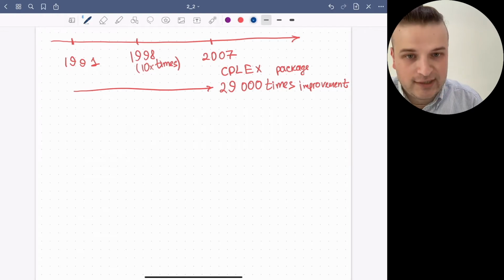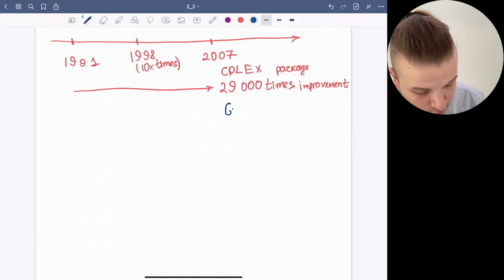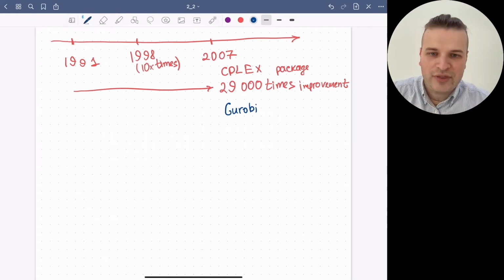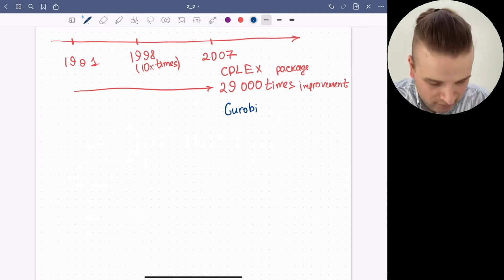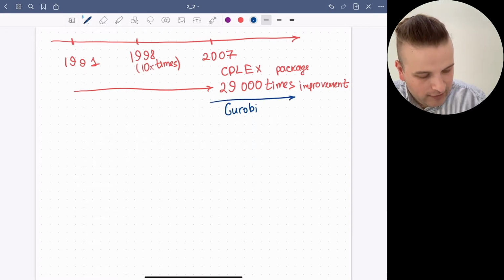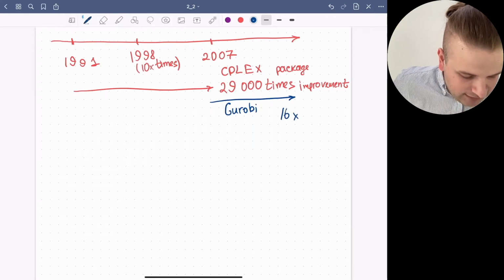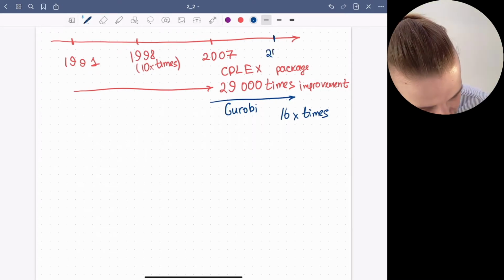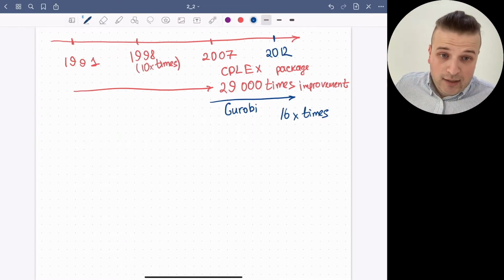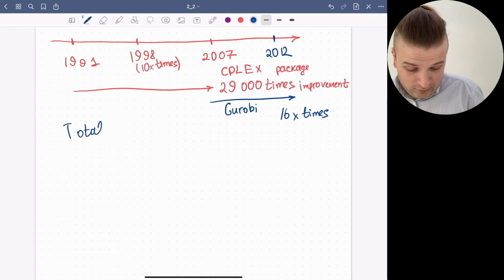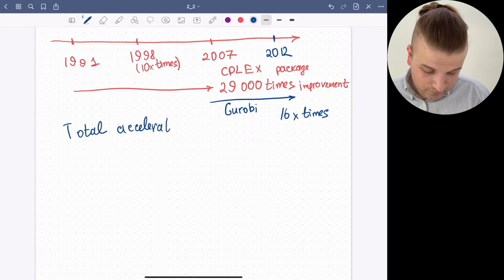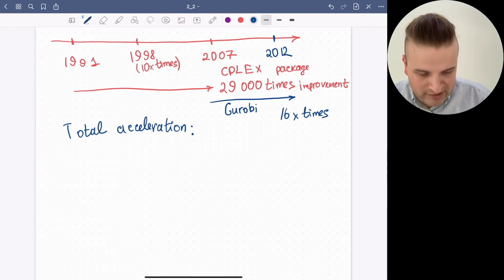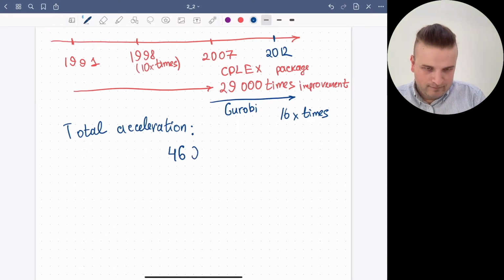And later there was the Gurobi package, which increased this performance 16 times more versus this simplex version, up to 2012, which means that the total acceleration related only to software and new mathematical ideas was about this.